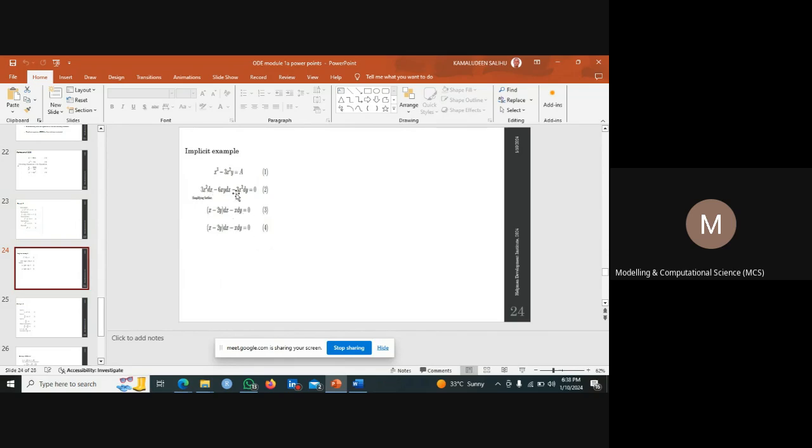So that is when you divide the 2 by 3. So you divide it by 3. So this is what you have. You have equation 3. Then lastly, you have it to be x minus 2y dx minus x dy equals 0. And this is the last expression. And the last expression gives us our ordinary differential equation.